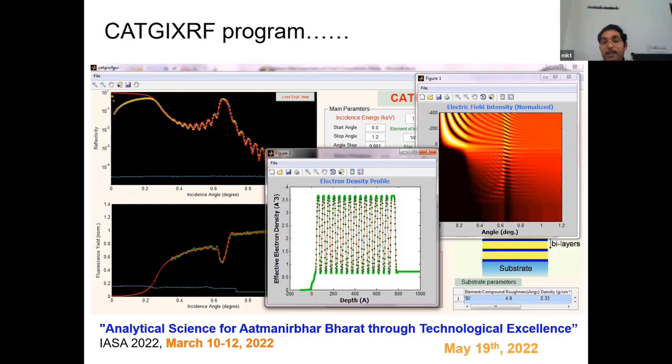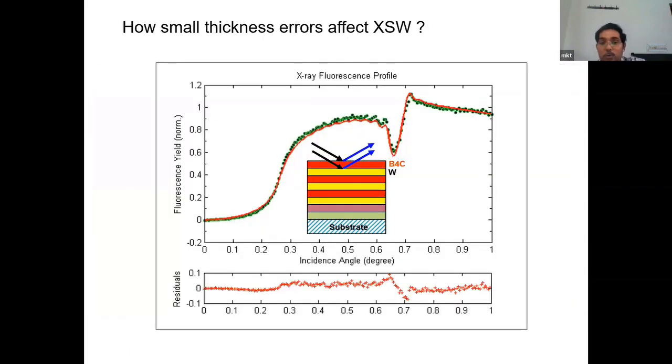Because we do the analysis simultaneously, if there is any problem, for example a small change, you can catch it. If you look at the reflectivity profile alone, you might miss it, but if you are measuring the fluorescence signal from that particular layer, then you can catch this error. For example, we analyzed a tungsten carbon material, and somehow due to some error, one of the layers was slightly large in thickness, and we were trying to fit this analysis.